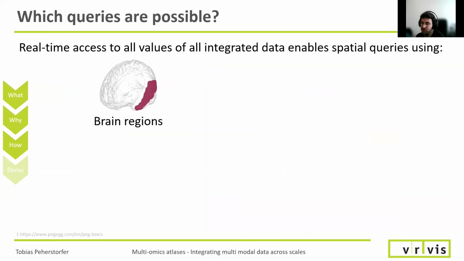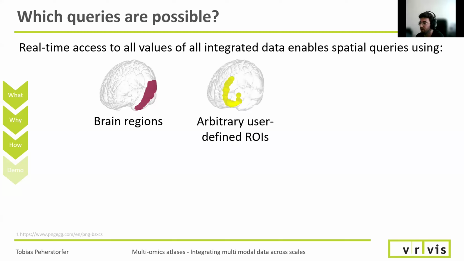And it can easily answer the question, and fast as well. We can ask for any arbitrary drawing that we make in our reference atlas, which genes are highly expressed here. If we have transcriptomics data integrated, we will be able to answer this question quite fast.